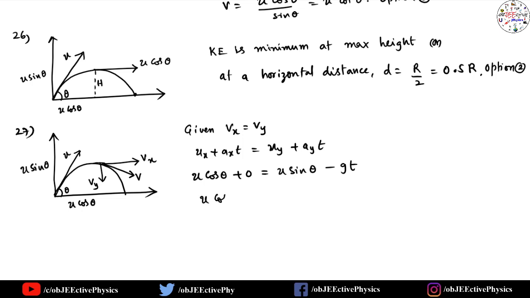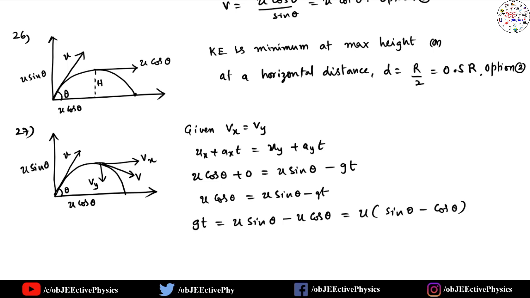That is, u cos theta is equal to u sin theta minus gt, or gt is equal to u sin theta minus u cos theta, or that is equal to u into sin theta minus cos theta, or time t is equal to u by g into sin theta minus cos theta.